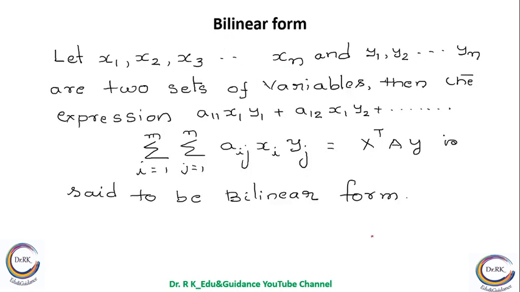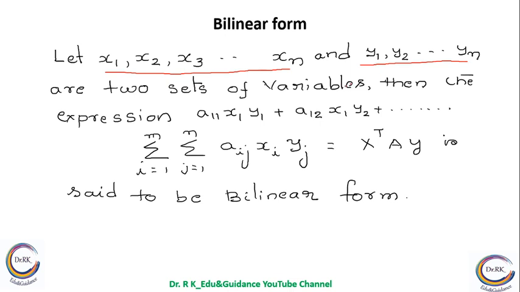Next is bilinear form. It is the same kind of discussion, only instead of one set of variables x1, x2, x3, so on, xn, here we take another set of variables also, y1, y2, y3, and so on, yn.